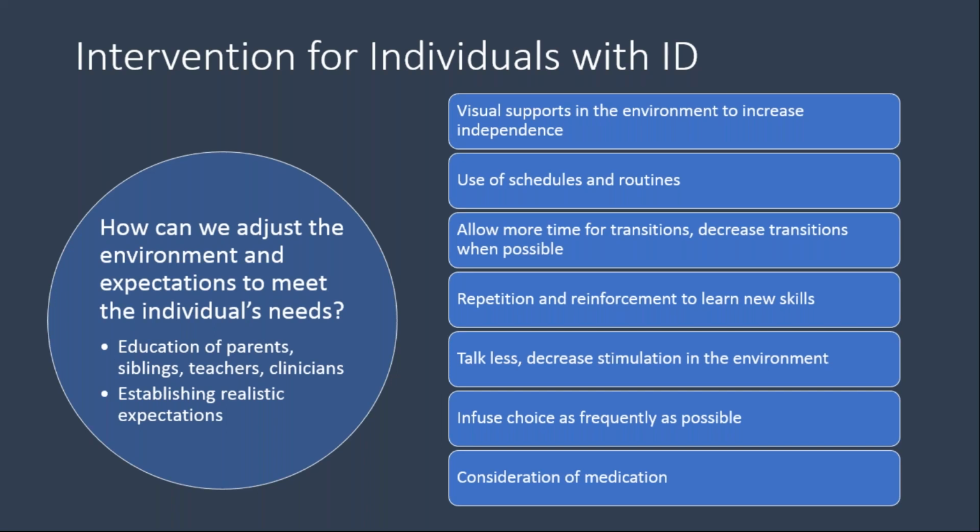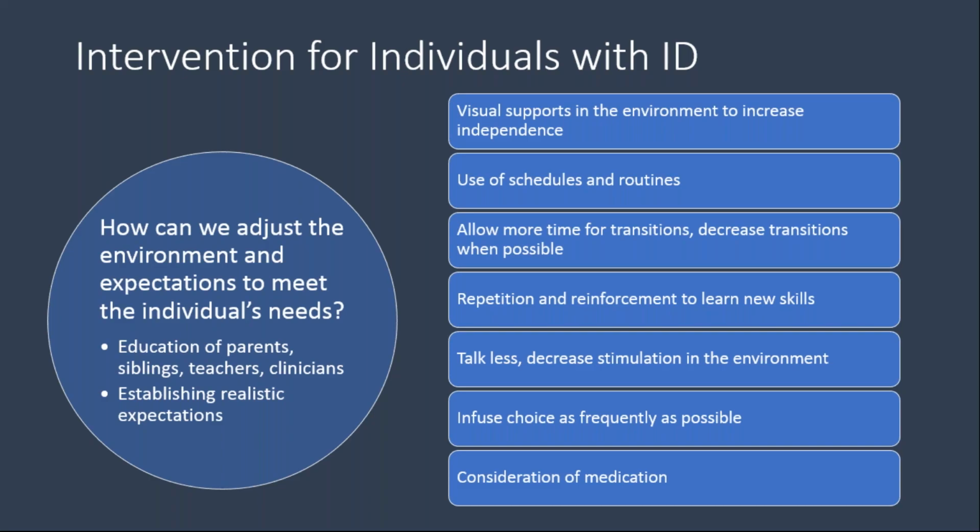We know that repetition and reinforcement is the best way to teach a new skill to an individual with an intellectual disability. So that means we show them what they need to do, we tell them what they need to do, we model for them what they need to do, we repeat that process, and every time that they do complete the skill, we reinforce that.